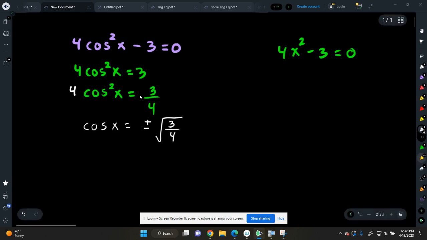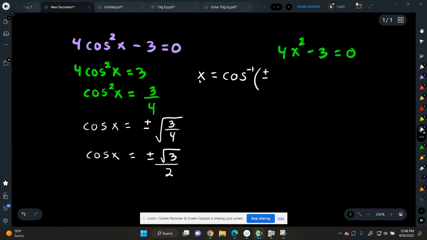So we want to isolate the term that's being squared. Okay, so this means cosine x equals plus or minus square root of 3 over 2. So that means x equals the inverse cosine of plus or minus square root of 3 over 2.